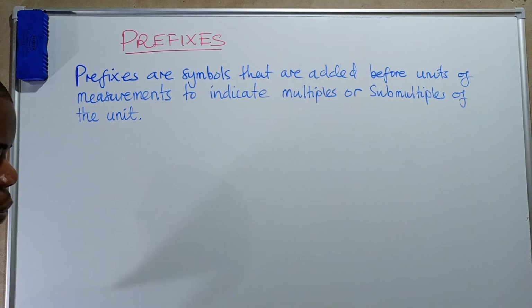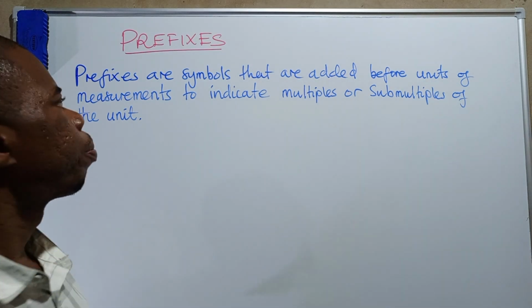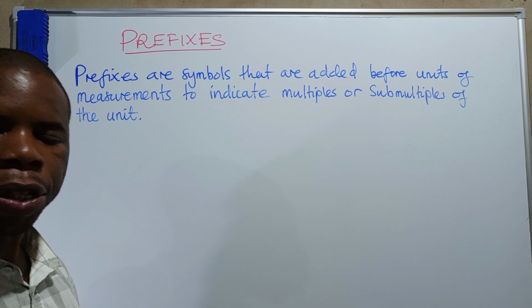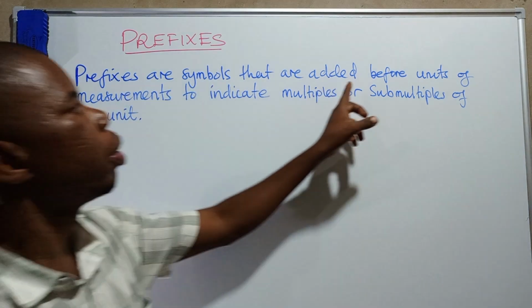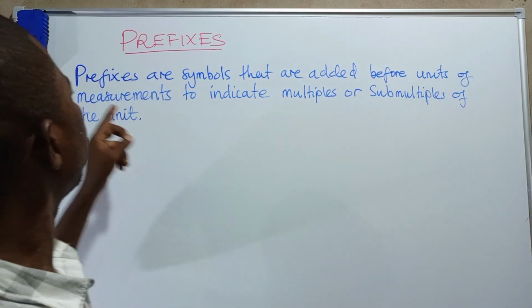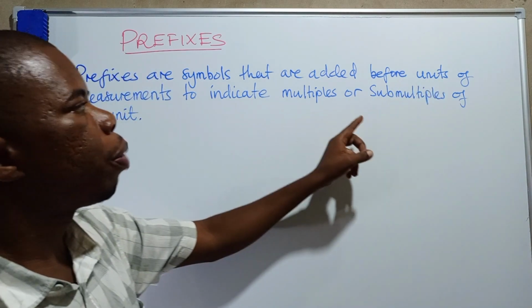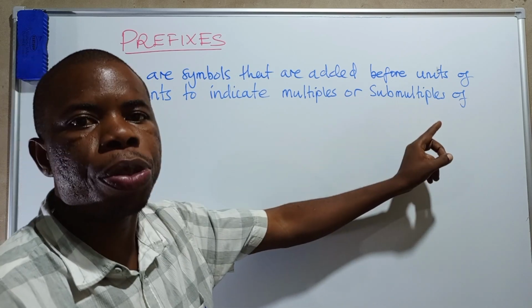This is what prefixes are in physics. They are just symbols that are added before units of measurement to indicate multiples or sub-multiples of what?